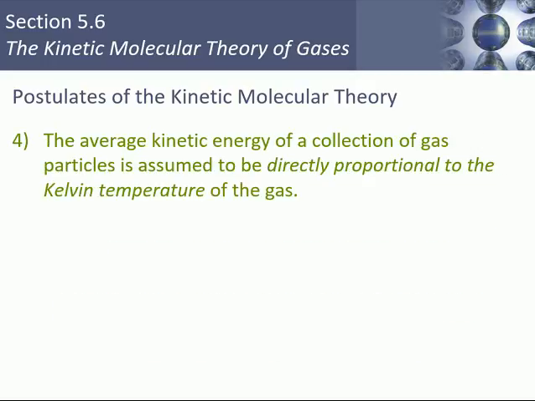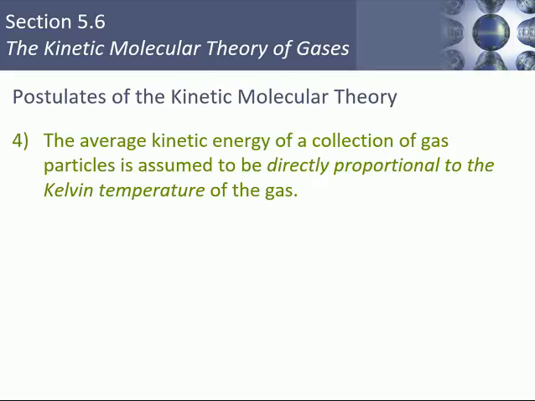And the last postulate for the kinetic molecular theory: the average kinetic energy, remember, energy of movement, of a collection of gas particles is assumed to be directly proportional to the Kelvin temperature of the gas. We have referred to this already in class. Whenever we do calculations using the gas laws, we have to use the Kelvin scale for temperature.